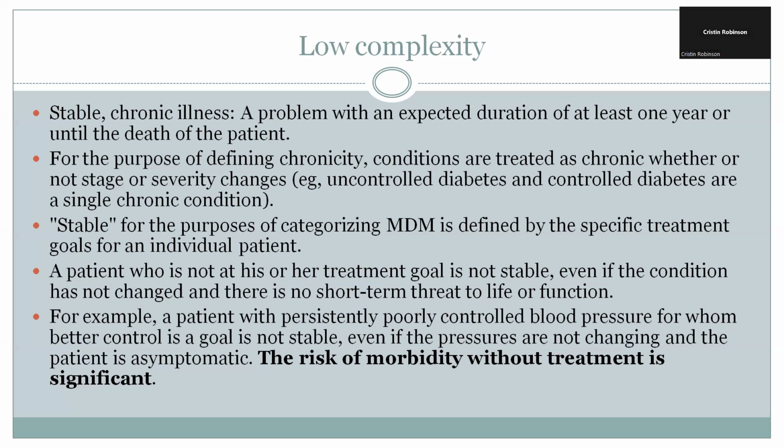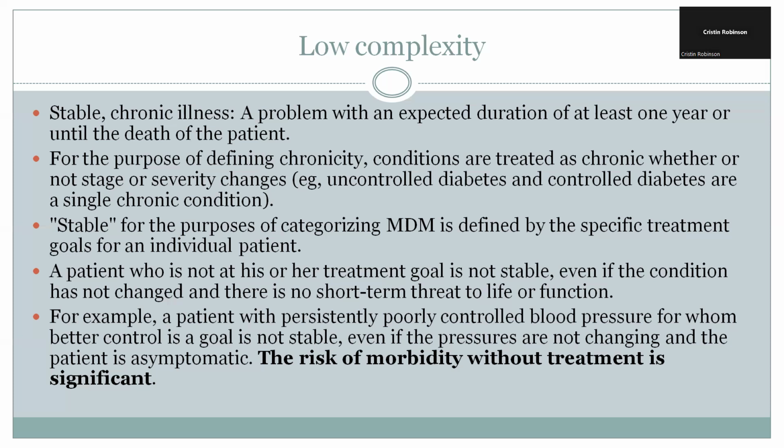Stable, for purposes of categorizing medical decision making, is defined by the specific treatment goals for an individual patient. So if they're stable on a medication, the provider's not increasing it, changing it, or having to order labs or other tests to find out why it has not gotten better, or at least staying the same.